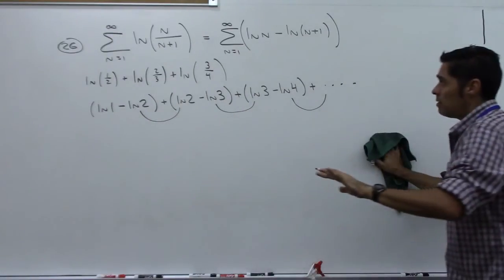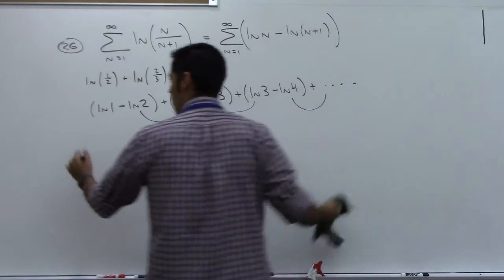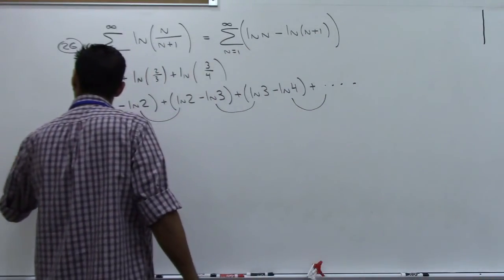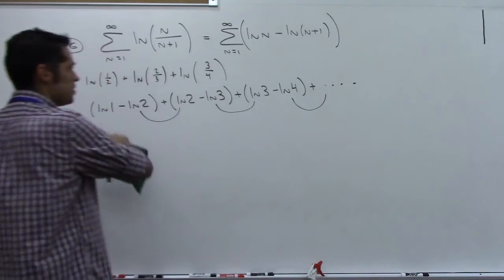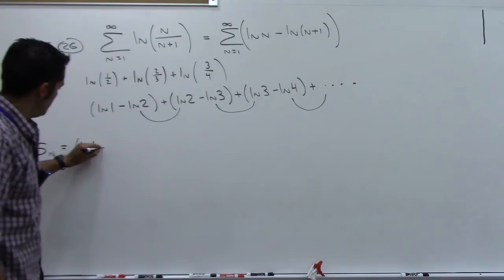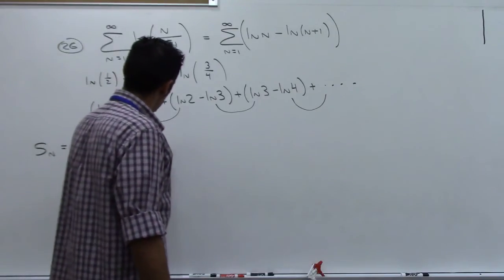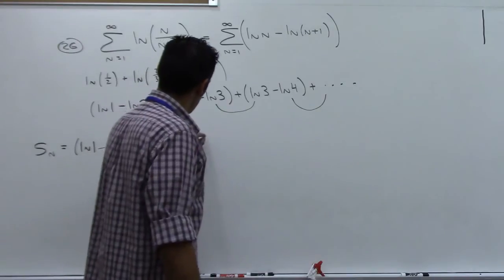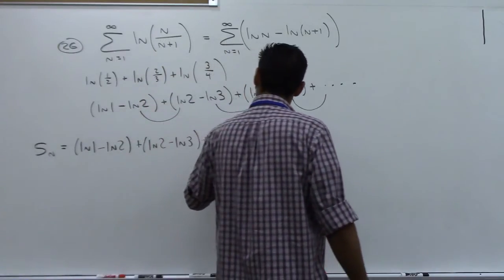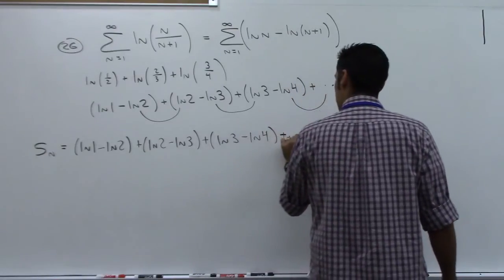So to do it correctly, once I've identified that it does collapse, I'm going to write out what S sub n is. So that means I'm going to write this sum out, but I'm going to stop, okay? So natural log of 1 minus natural log of 2 plus natural log of 2 minus natural log of 3 plus natural log of 3 minus natural log of 4 plus dot, dot, dot.